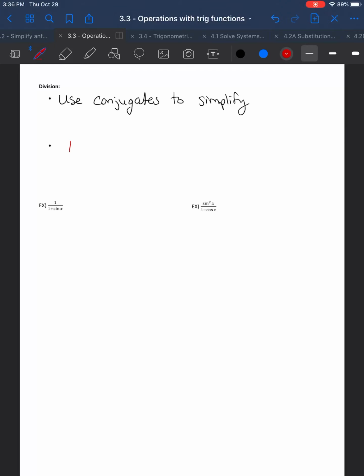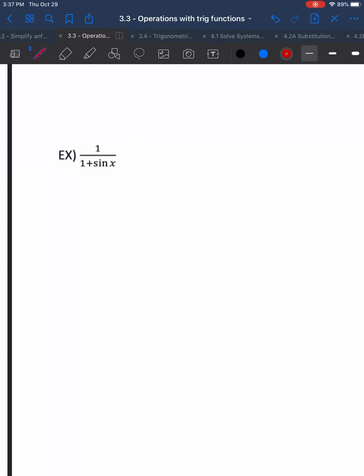What is a conjugate if you don't remember? If I have 1 plus cosine of x, the conjugate would be 1 minus cosine of x. That way when we distribute, the middle terms will cancel and things will simplify or turn into identities, okay?